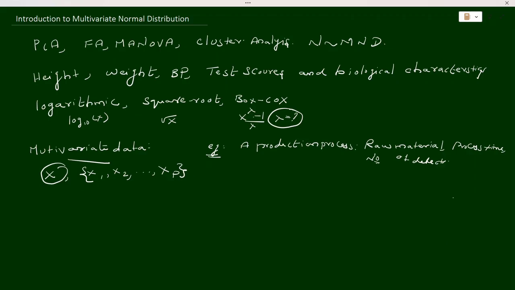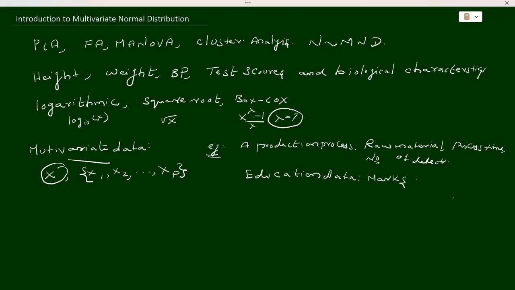Similarly, suppose imagine educational data. If we consider the educational data, we can consider the marks in different subjects.